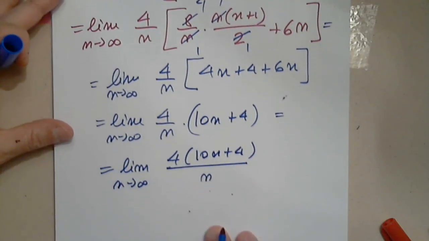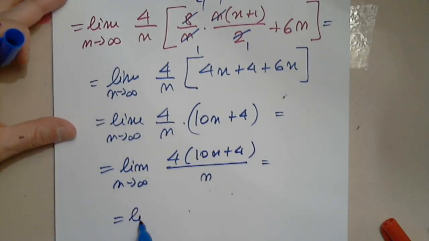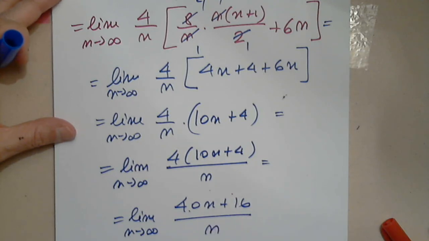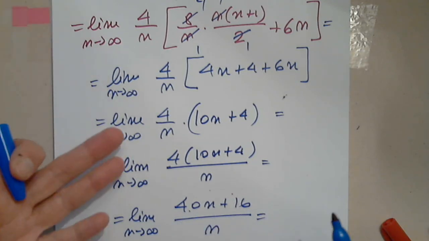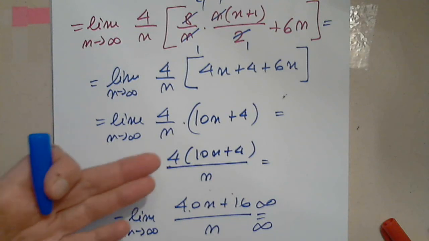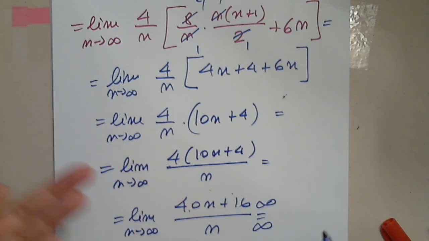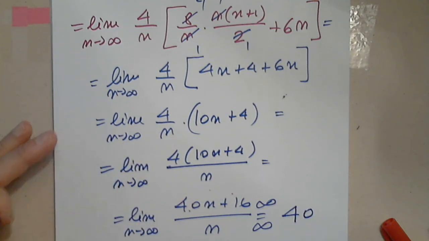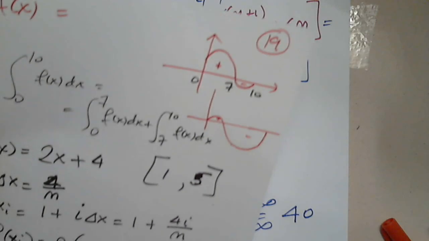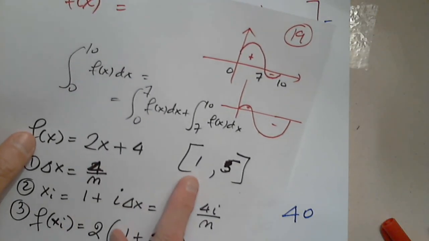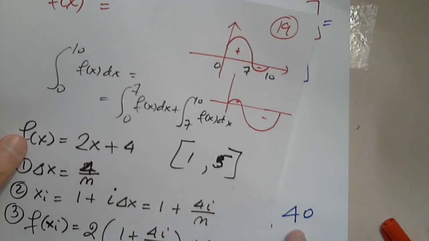I should have distributed already. So this is limit as n approaches infinity of 40n plus 16 divided by n. When I differentiate, because it's infinity over infinity, the top is 40, the bottom is 1, so it's 40 units. So the area under the graph of 2x plus 4 between 1 and 5 is 40 units.